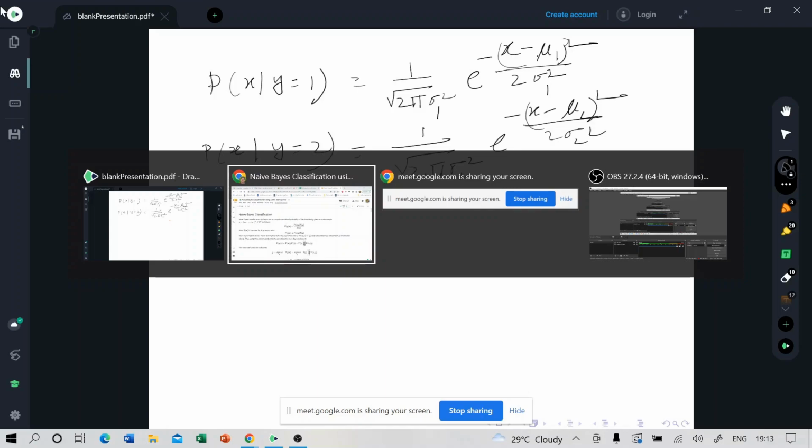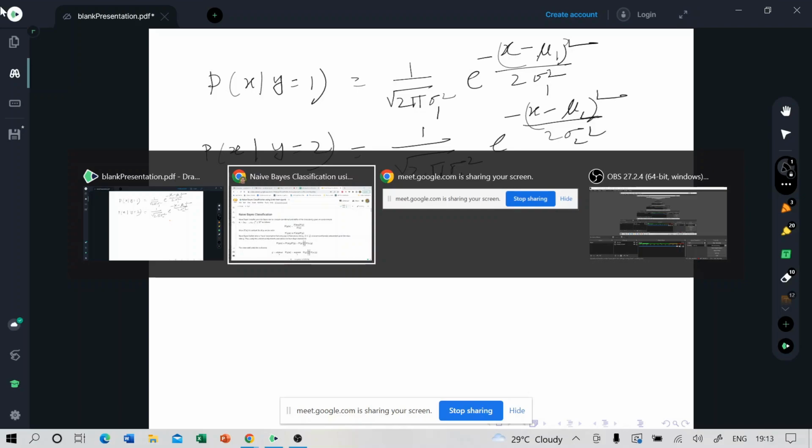It's something like this. Say the probability of x, a vector, given y is equal to 1 over square root of 2 pi, determinant sigma, and I think there is some kind of 2 to the power d.